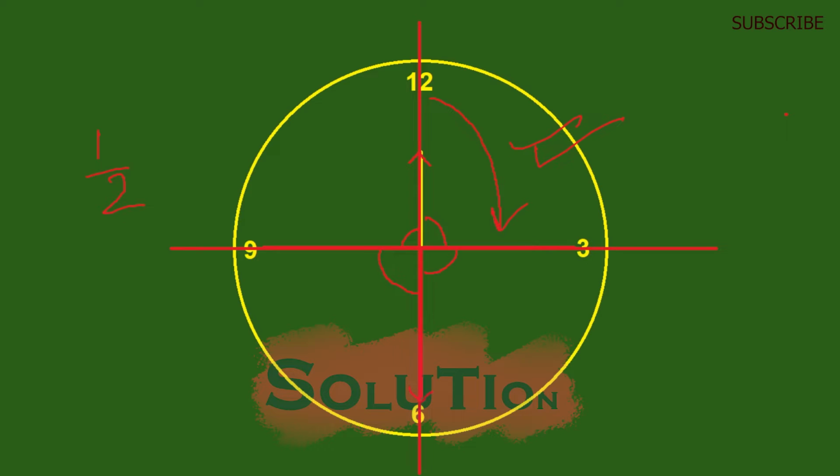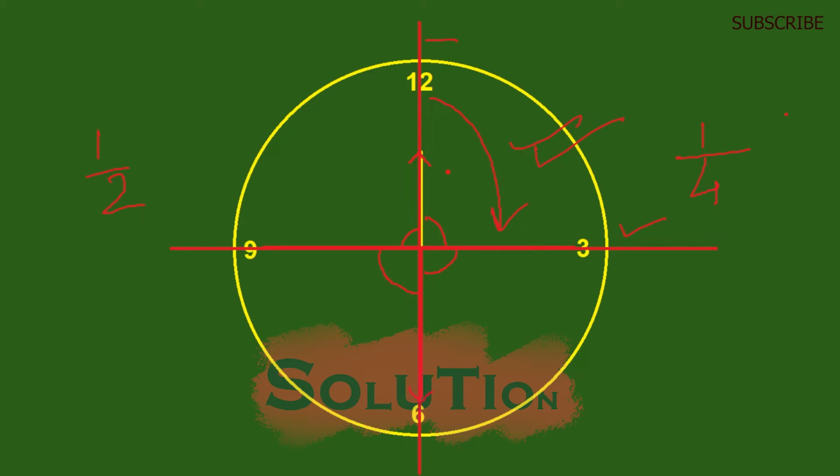If we start from 12 and end at 3, the distance traveled is 1 part, but we have to divide into 4 parts to get this 1 part. So this is 1/4 distance we have traveled here.